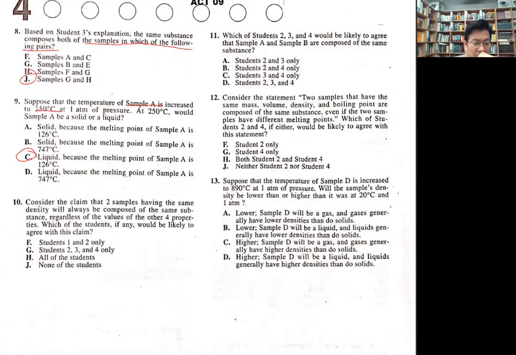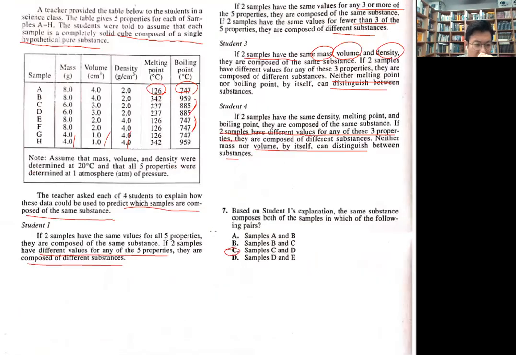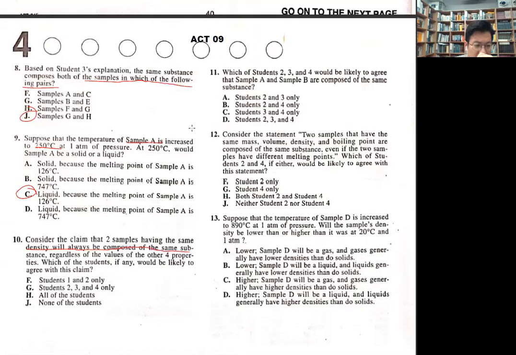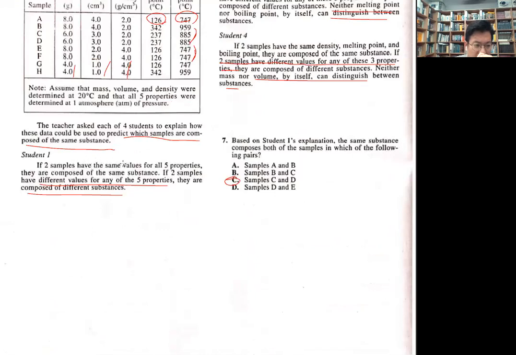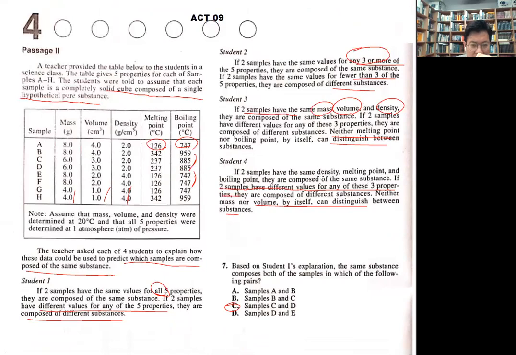Consider the claim that two samples with the same density will always be composed of the same substance, regardless of the values for other properties. Which student would most likely agree with this claim? I don't think any of them, because they only care about density. The first one says all 5, and the second says any 3 or more, and the mass, volume, density, melting point, and boiling point.